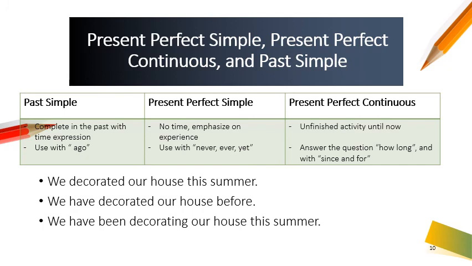Right now it's summer, so we are decorating it. As you can see, I painted some already, but there is still more equipment that I have to put in my house. That's why you can see some mess here. So I started decorating in the past, and up to now I haven't finished it yet.